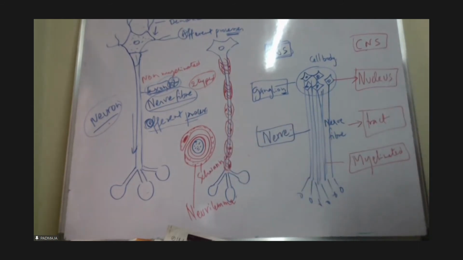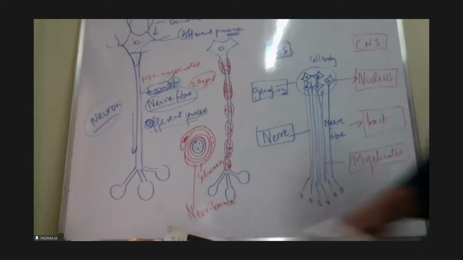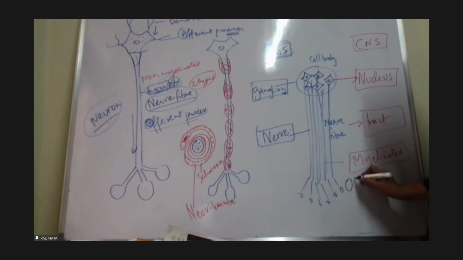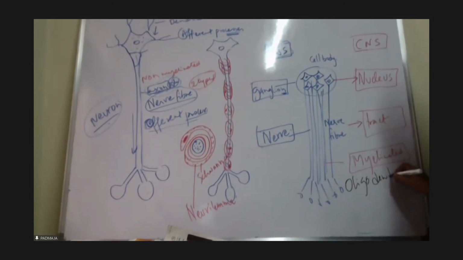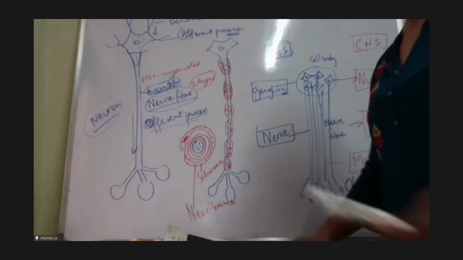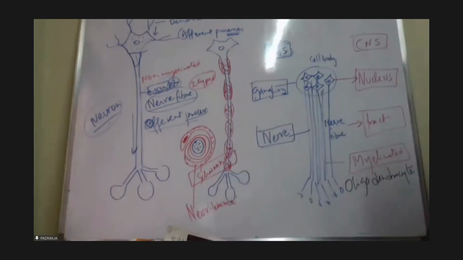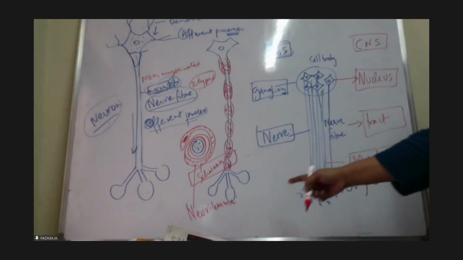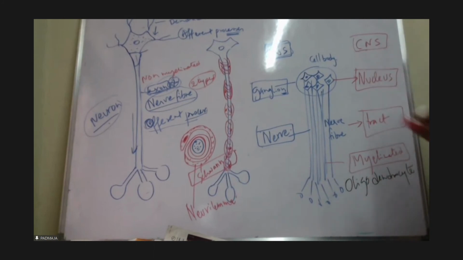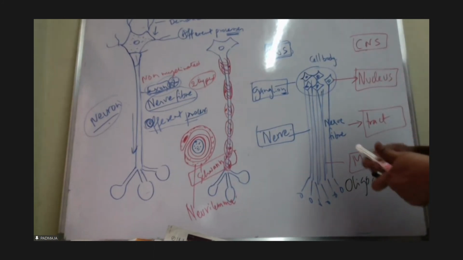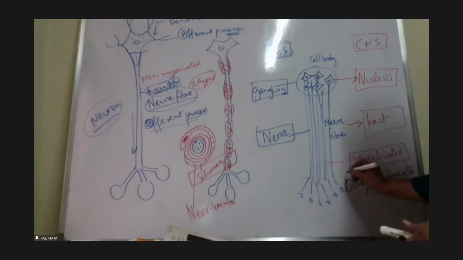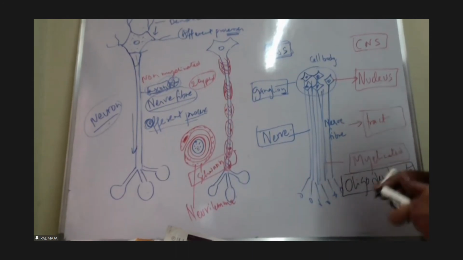But which cells secrete it? Oligodendrocytes. Perfect. So the counterpart of the Schwann cell of the peripheral nervous system, in the central nervous system, is the oligodendrocyte, which secretes the myelin sheath.